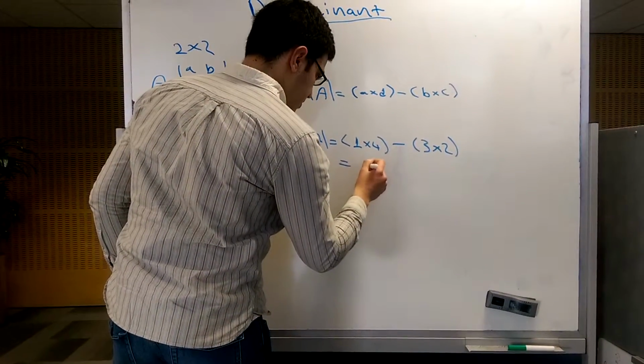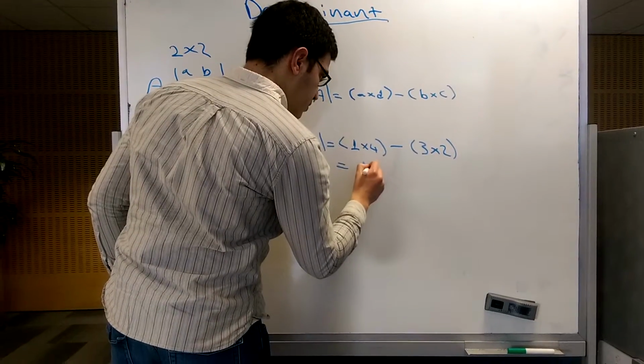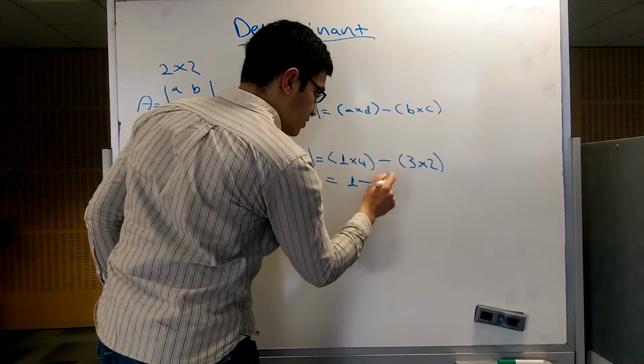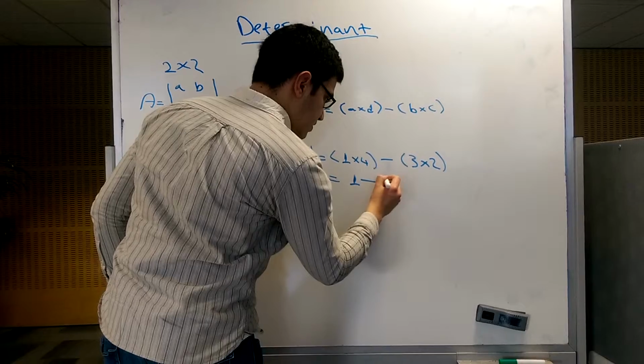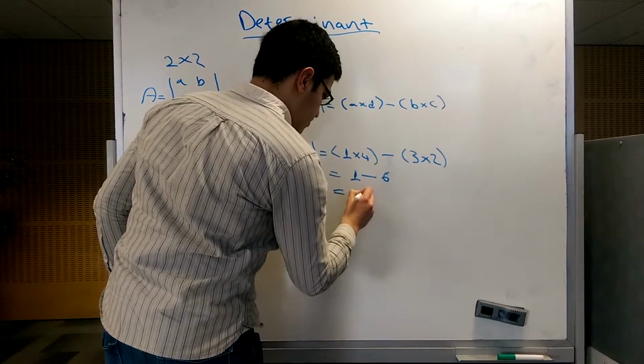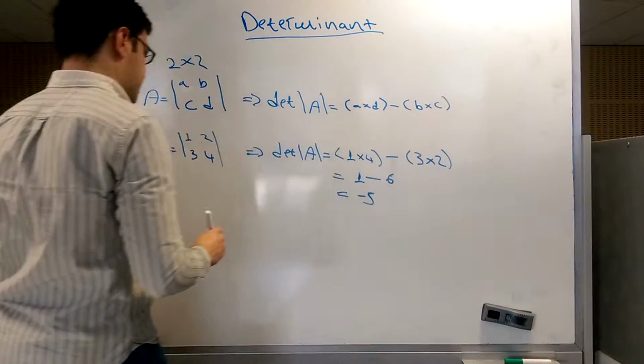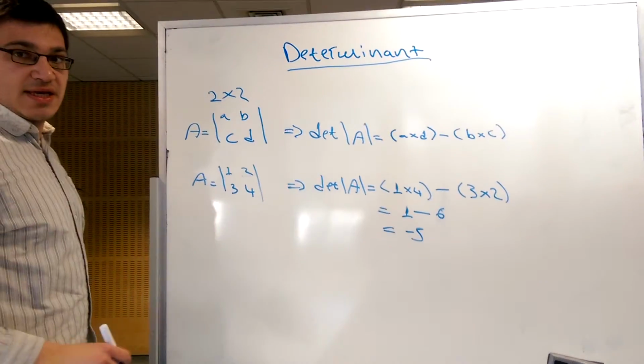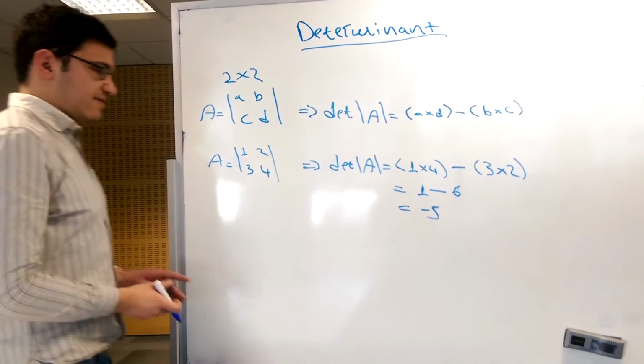This is going to be 4 minus 6, and this is going to give us minus 2. So the determinant of this matrix is minus 2.